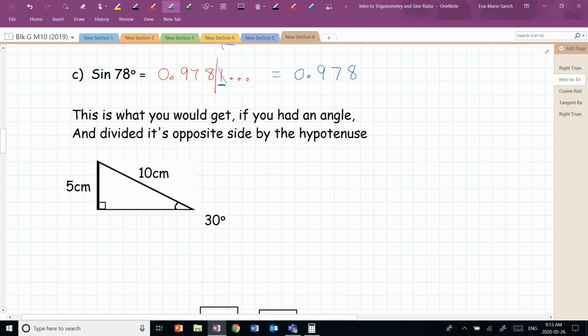And if we take this side, which is the hypotenuse, across from the right angle, across from the angle that we're talking about, the 30 degrees, is the opposite. If we take this 30-degree angle and we find the sine of that 30-degree angle, which is the opposite, which is 5, divided by the hypotenuse, which is 10, 5 divided by 10 gives us 0.5.